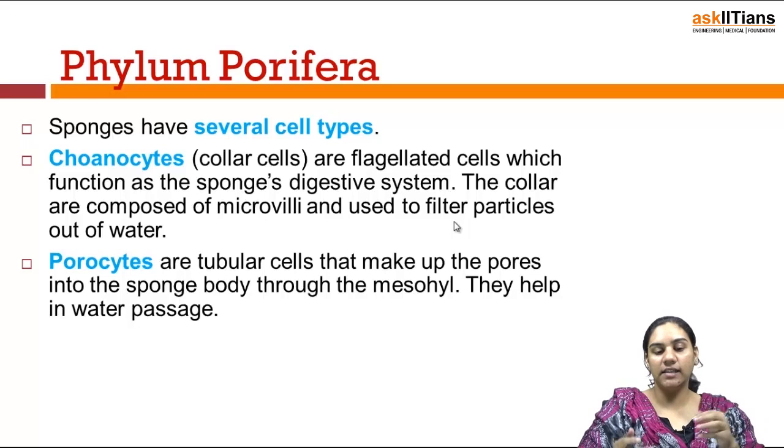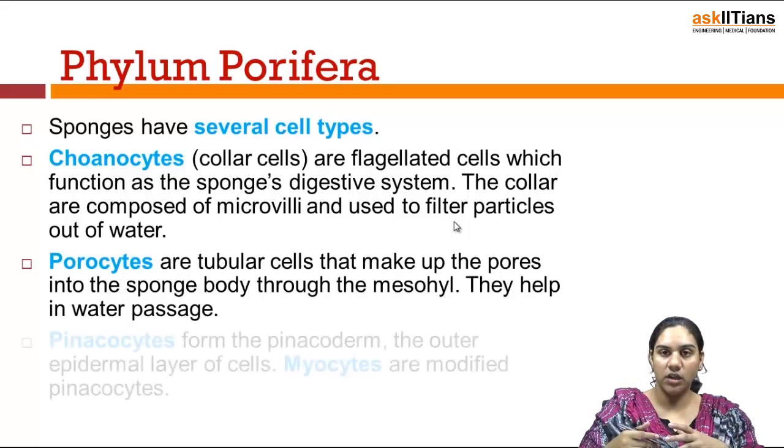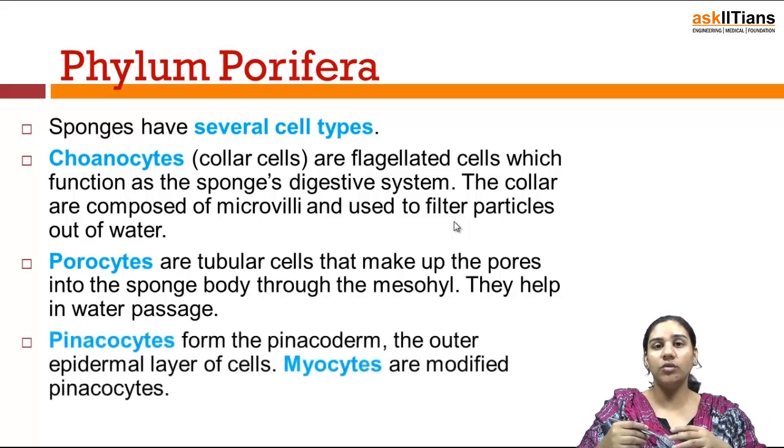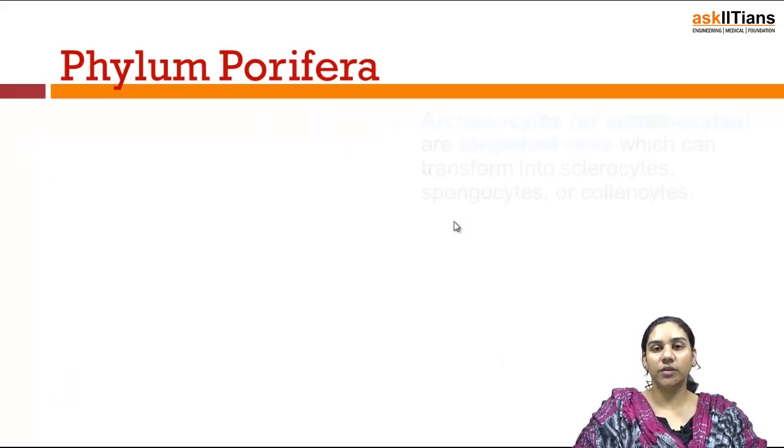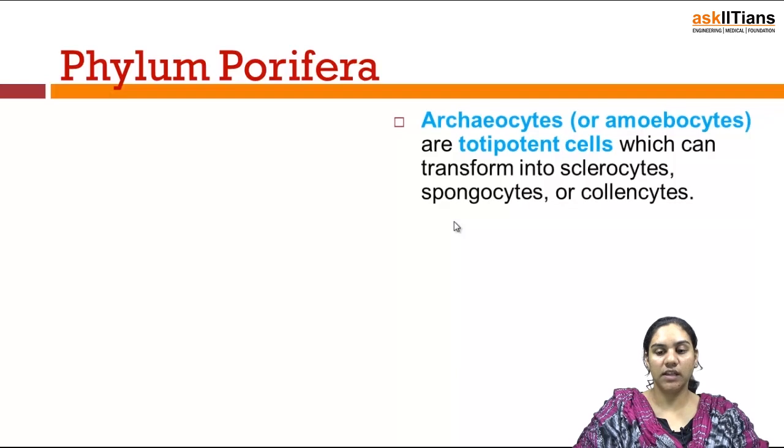The next cell is the pinacocyte, which forms the pinacoderm. The pinacoderm is the outer epidermal layer of the cells. The modified pinacocytes are known as the myocytes. The next cell is the archaeocytes, which are also known as the amoebocytes, are the totipotent cells which can transform into sclerocytes, spongocytes, and collencytes.